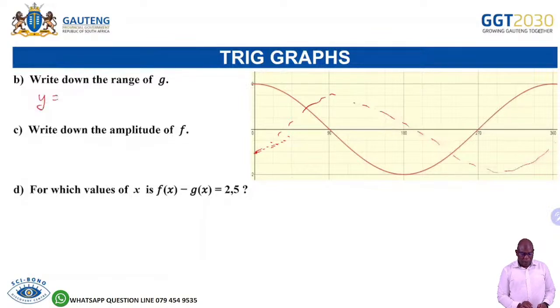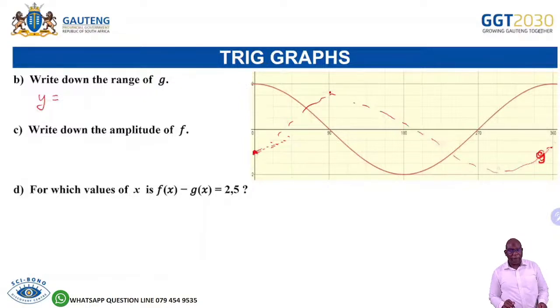The range of this graph, the g graph, is how high the graph goes and how low the graph goes.